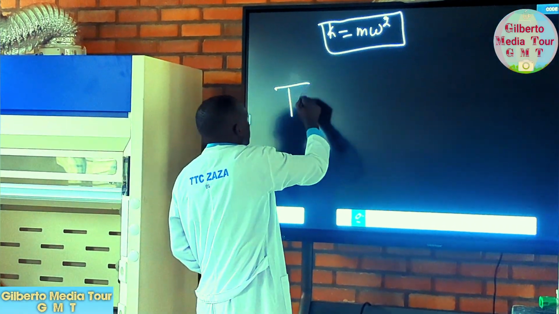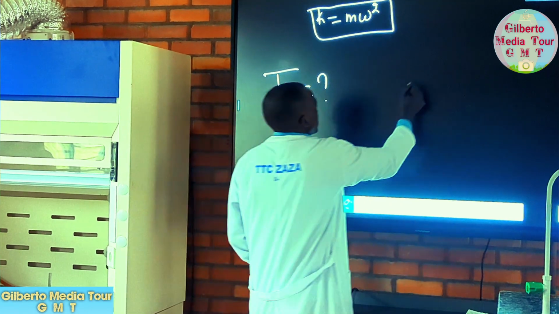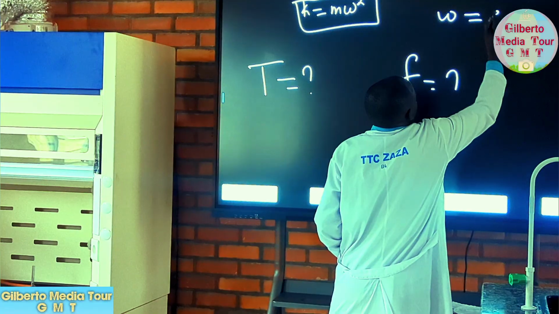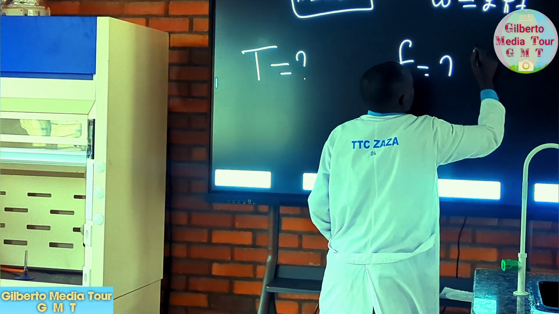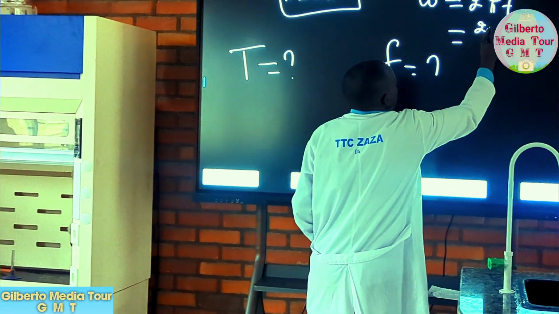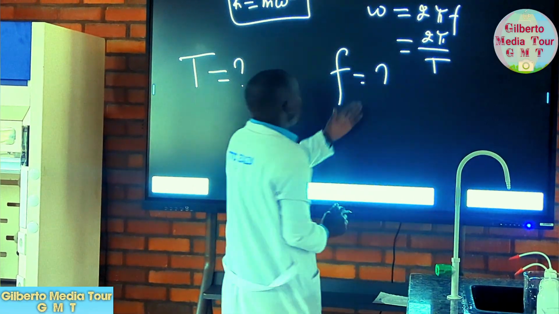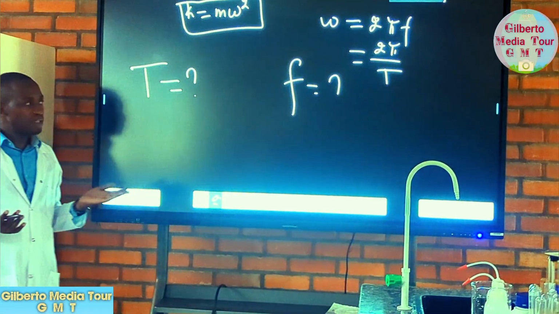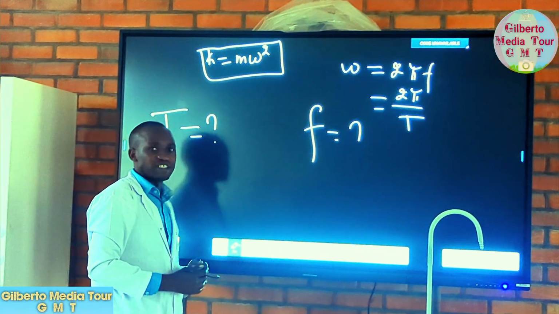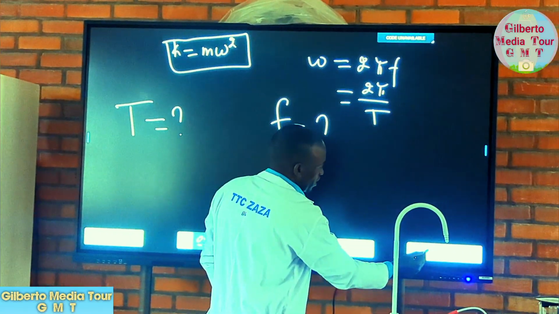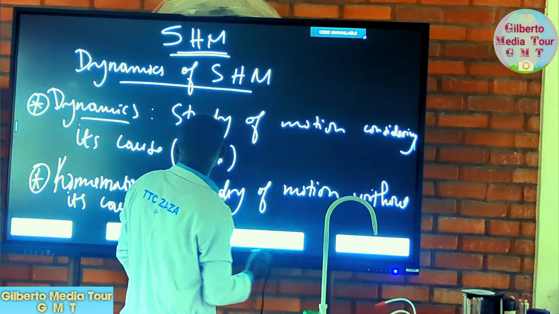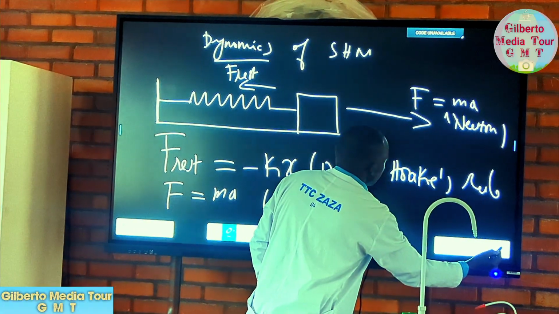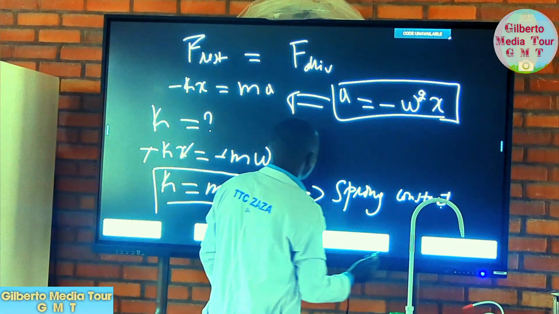Remember, the angular frequency always equals 2 pi times frequency, which is also equal to 2 pi over period. Using this, the period of simple harmonic motion can be calculated, and also the frequency. So for today, by considering the dynamics of simple harmonic motion, where we consider the force, we can get the value of k as calculated here.